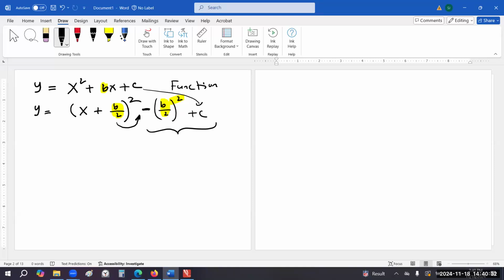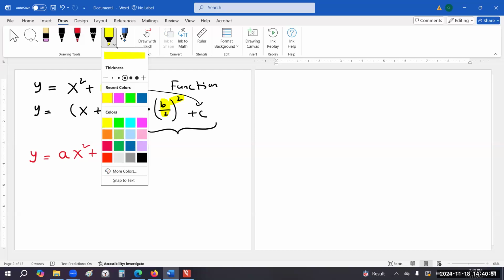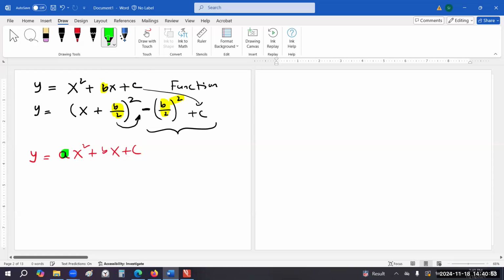So that's what you do when you have a function. And then you have two scenarios. Let's see if the function has a leading coefficient: ax squared plus bx plus c. Since we have a leading coefficient, first we have to pull that out as a common factor from the x terms.